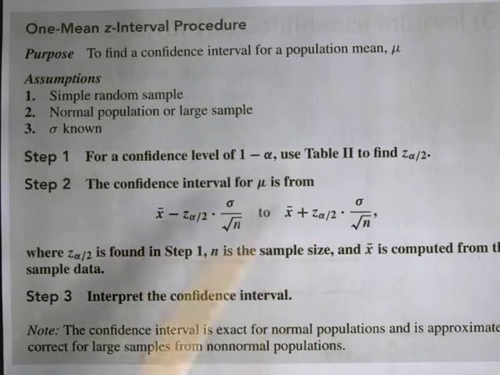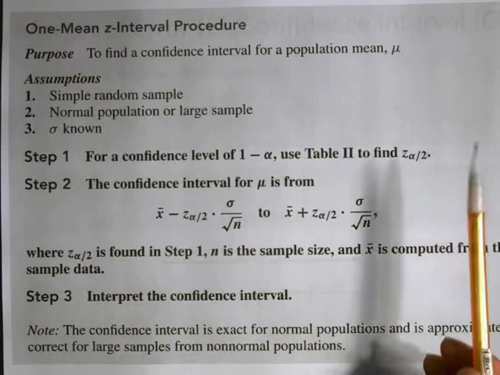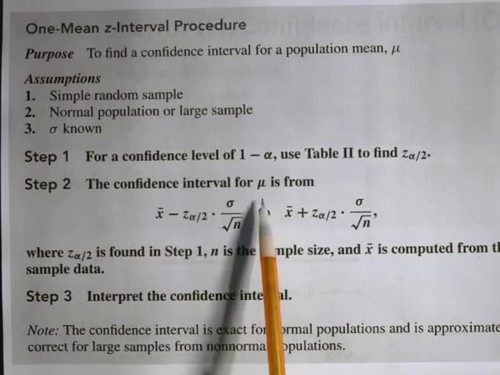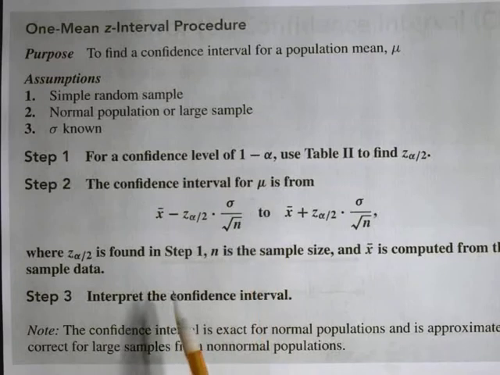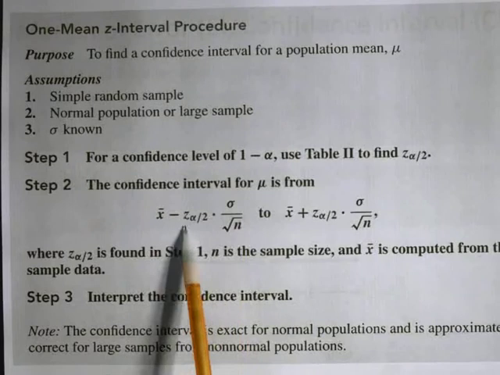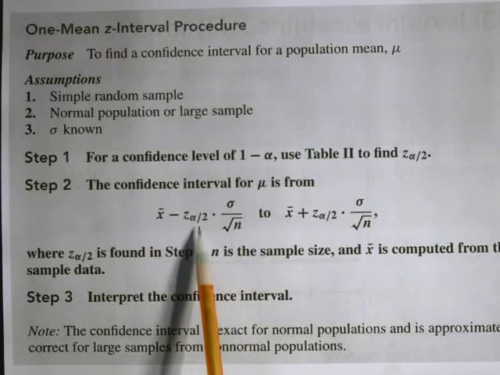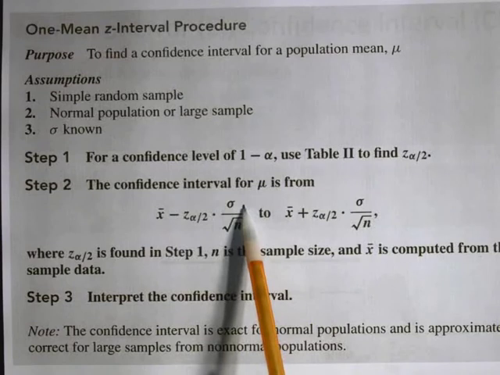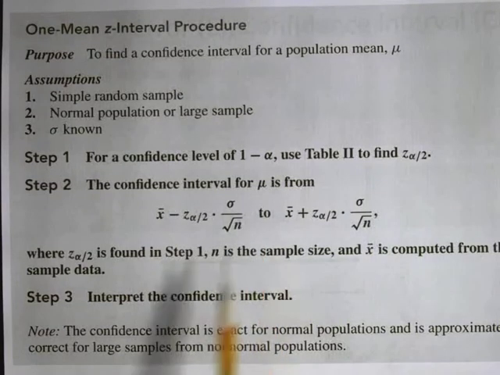If we want a confidence interval of 1 minus alpha, we use the Z table that we've been using now for a few chapters to figure out Z of alpha divided by 2. And the confidence interval on our estimate of the population mean is going to come from the sample mean, X bar, this Z of alpha over 2, which is the number that we look up in the Z table, the population standard deviation, and the number of samples.